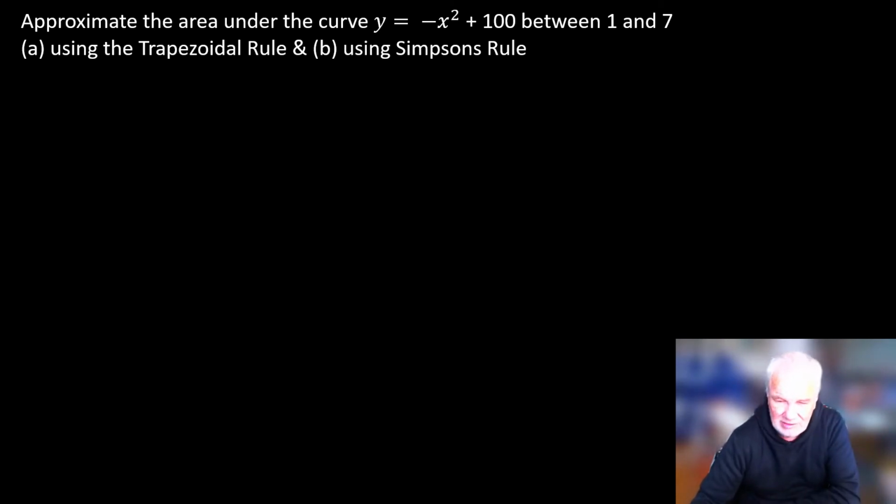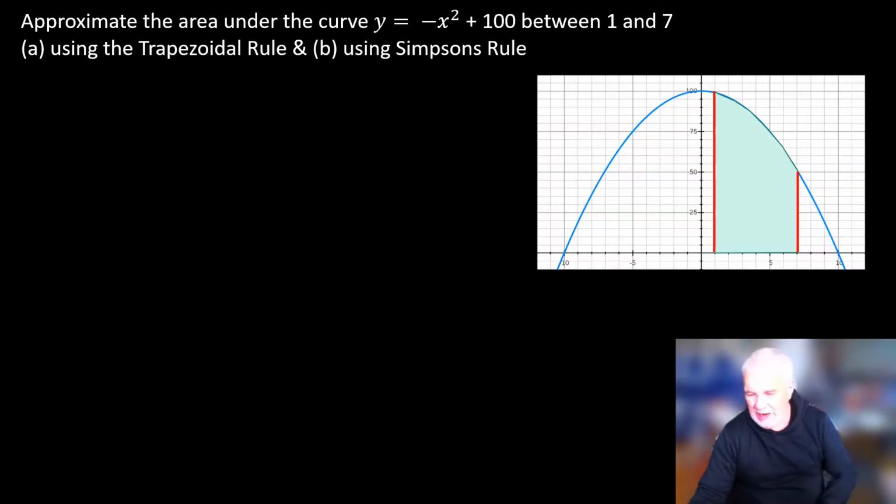So yeah, let's draw the graph. Always important so that we know what we're dealing with. We know it's negative x squared, an upside down x squared.